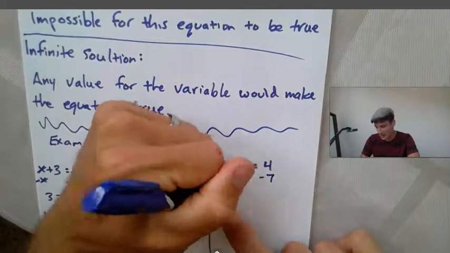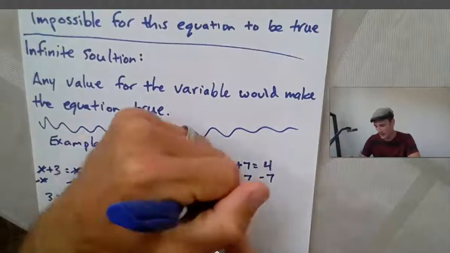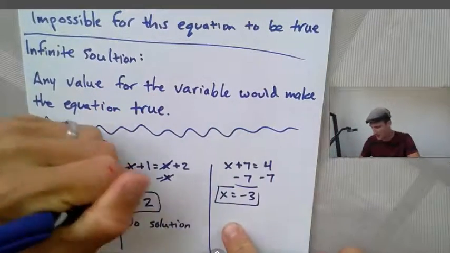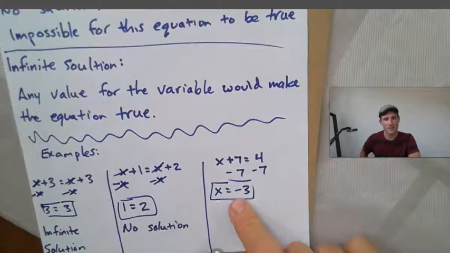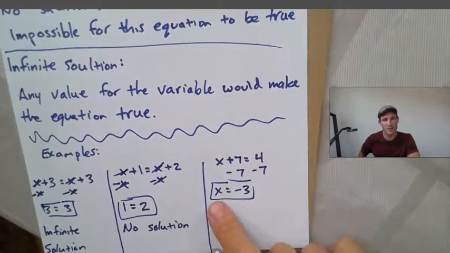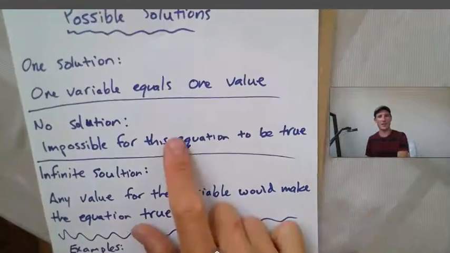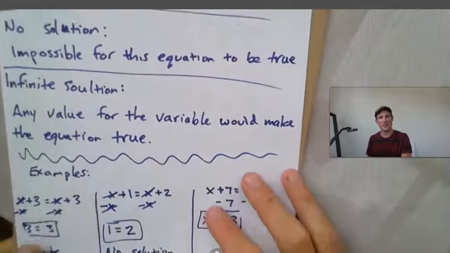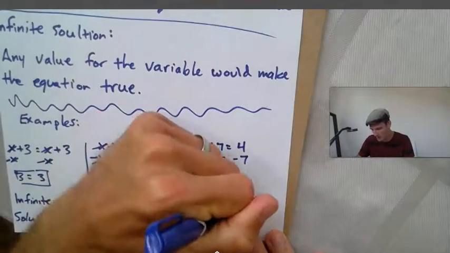That gives me x equals 4 minus 7, which is negative 3. Box it up. One variable has exactly one value. It equals one value. So this, of course, is one solution.